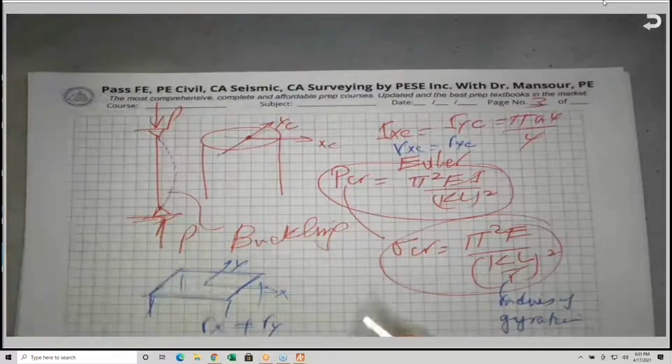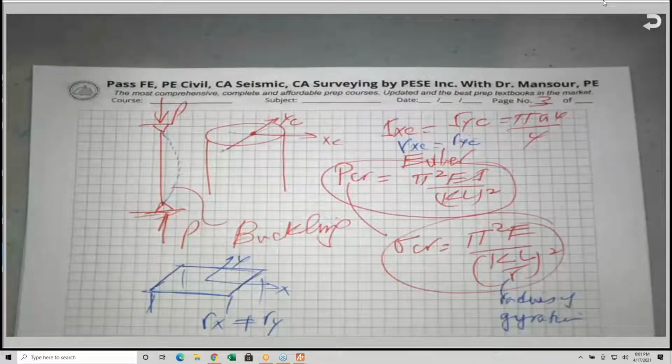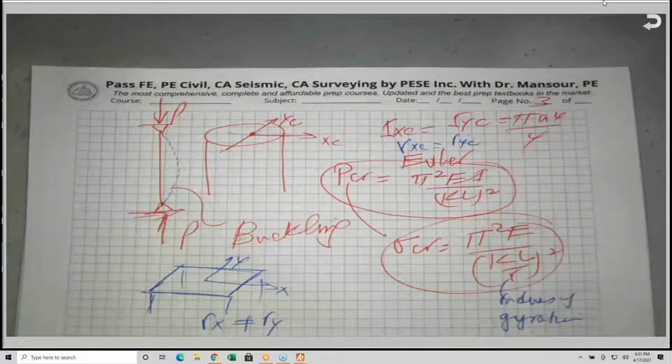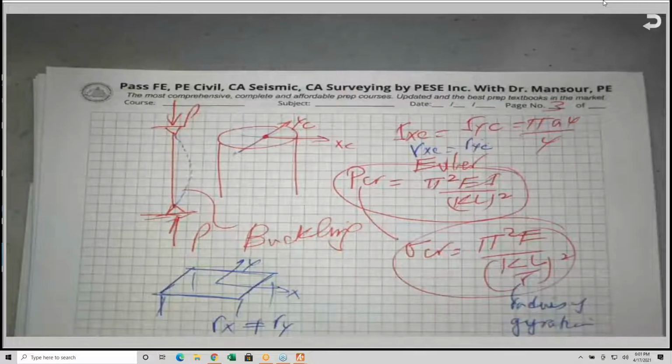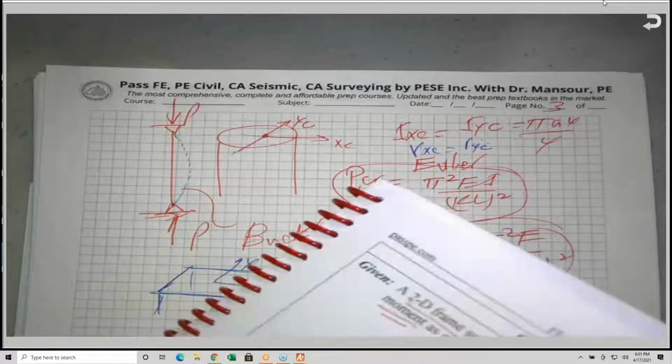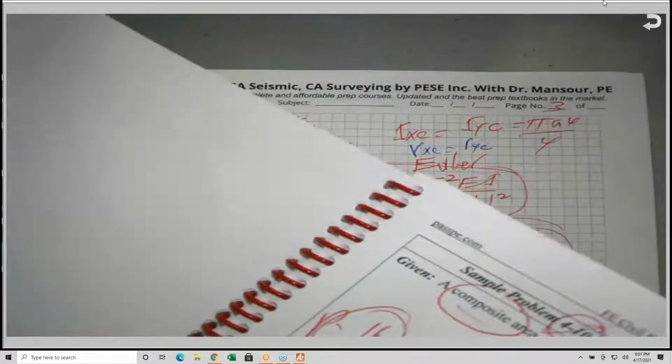So in order to avoid that, we prefer circular columns. And there's another reason for that we'll talk about later when we talk about design. But this is something I need you to be aware of. We do have Rx and Ry, the radii of gyration, and there is one equation called the parallel axis theorem. We're going to see it, and it's a very important theorem.